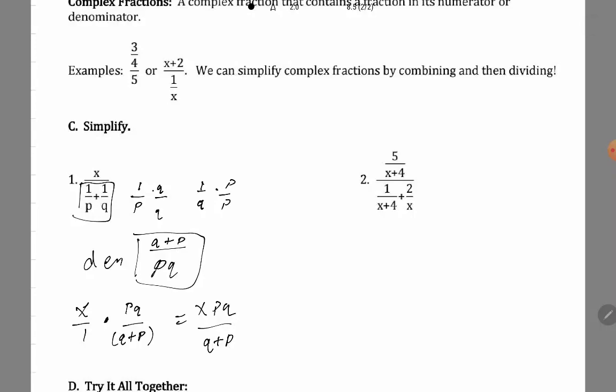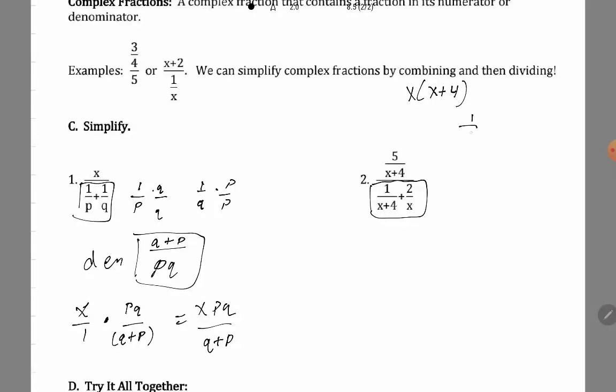Number 2. So I'm just looking at the denominator here. I'm going to combine these. X plus 4 and x, that's the lowest common multiple.